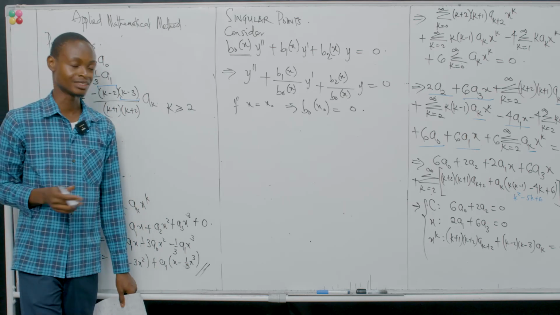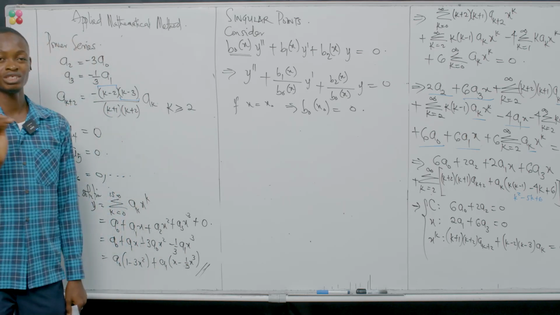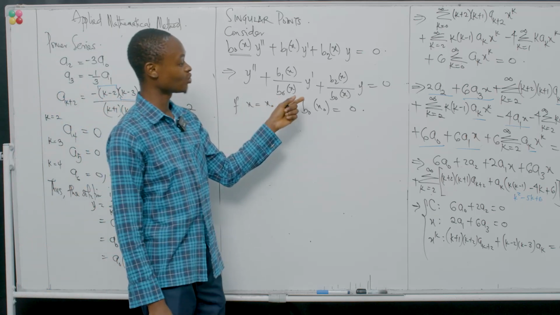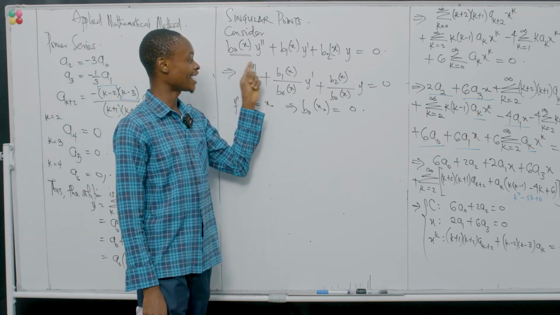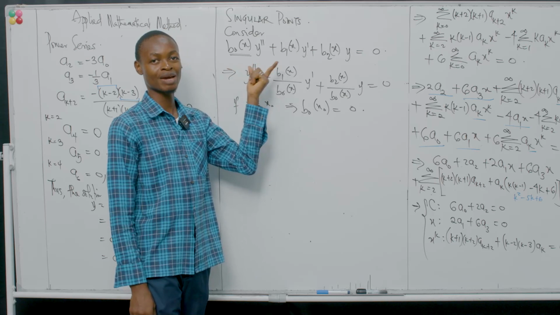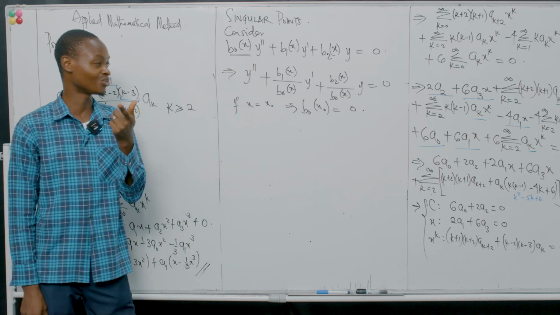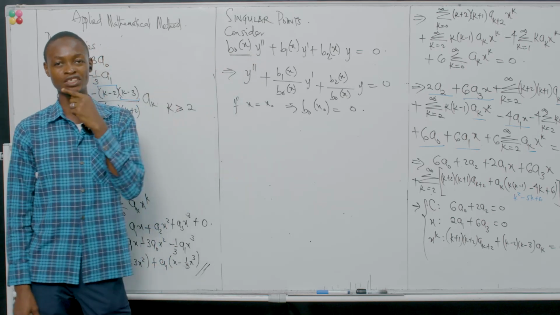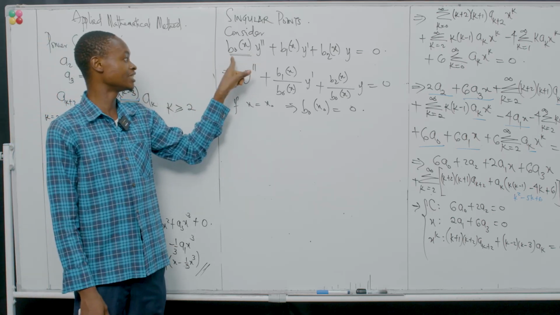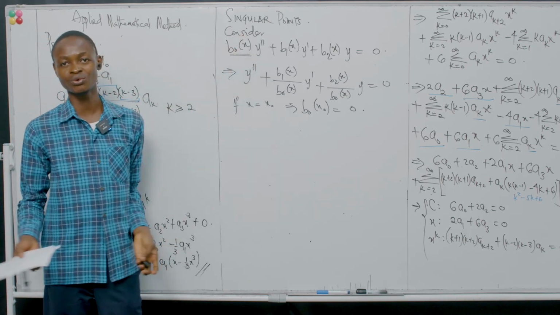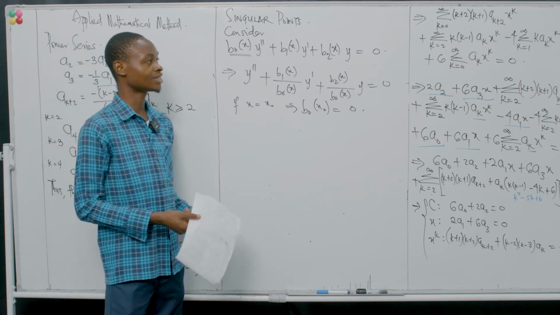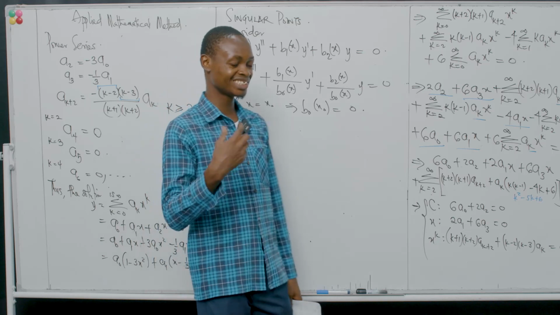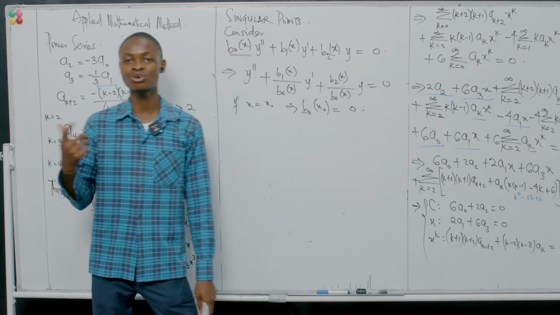It's a singularity. It's a point in which the moment you put it into the function, that coefficient of y prime prime becomes 0. In extension, it means that the y prime prime itself will cease to exist, right? Because the moment this is 0, 0 times y prime prime will give you 0. So it will cease to exist. That's why it's a singular point. That is the point in which that differential equation ceases to be a second order differential equation.